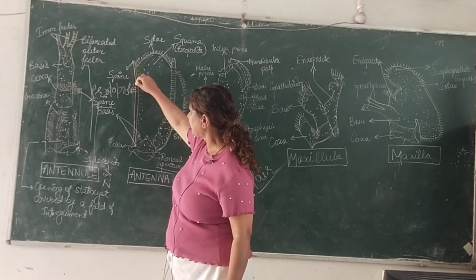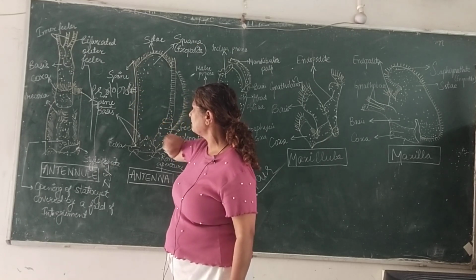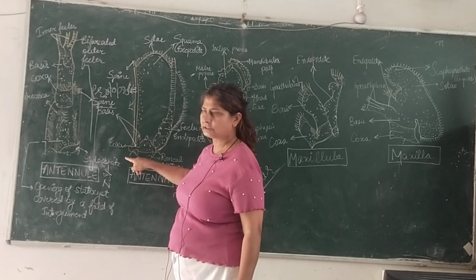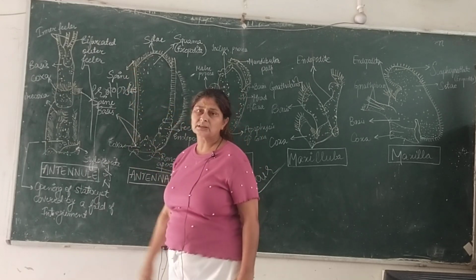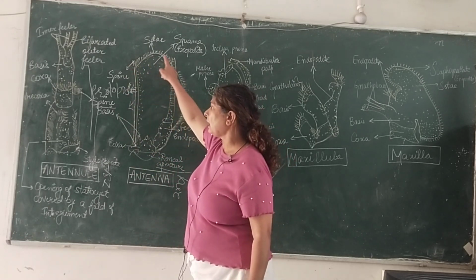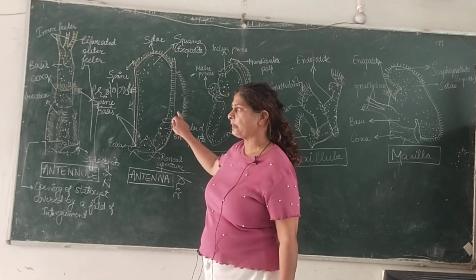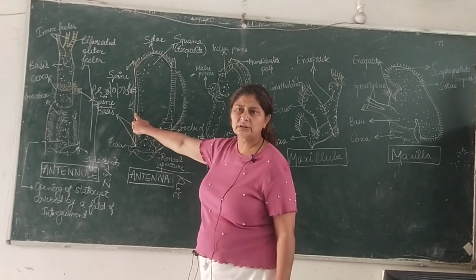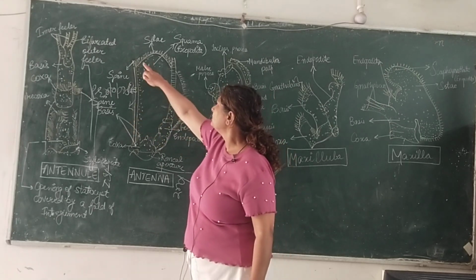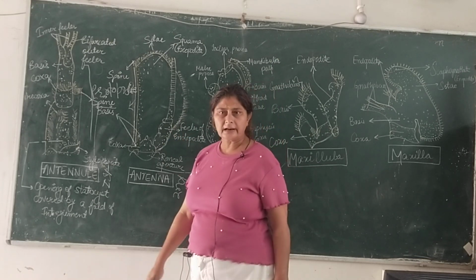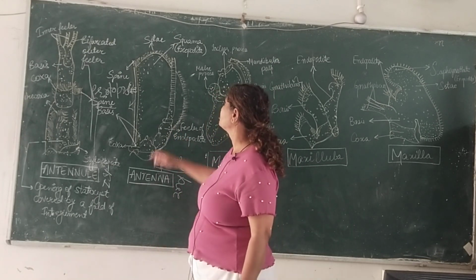Inner side has a hard one structure, and at the tip of this hard rod like structure there is present spine. On the outside the fan like structure, which is transparent as compared to this rod like structure, they have number of setae, hair like structures.